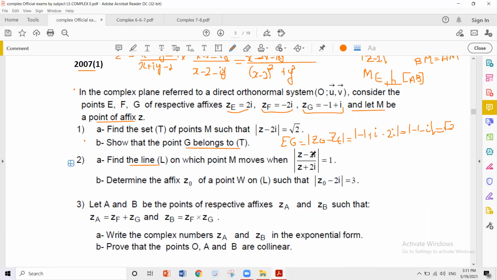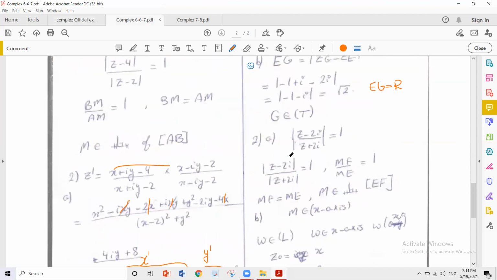Z - 2i over Z + 2i is EM over FM equal 1, meaning ME equals MF, meaning M belongs to the perpendicular bisector L of EF. By using the property of the modulus, the modulus of Z - 2i over the modulus of Z + 2i equals 1.